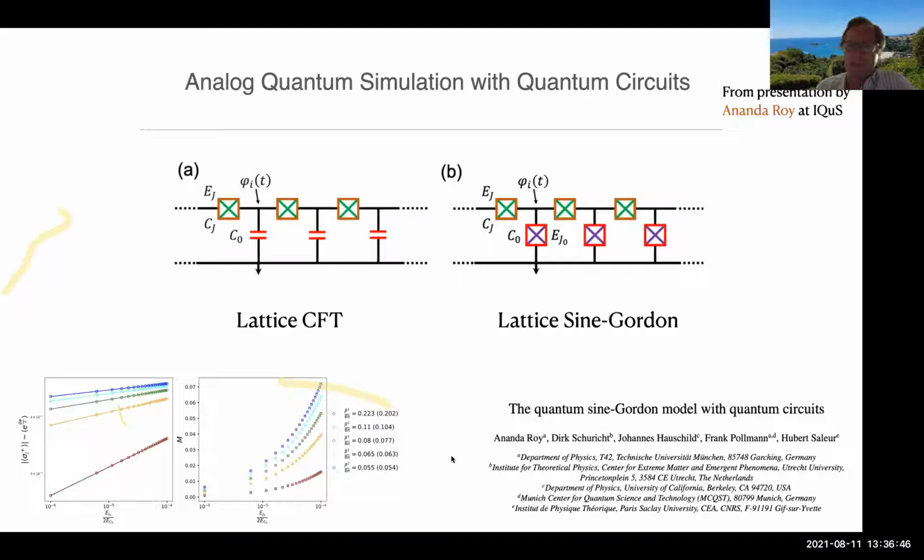This group, Ananda Roy and collaborators, looked at both these quantum circuit simulations of scalar conformal field theories and also of the lattice Sine-Gordon model. They performed a number of classical simulations to show that, in fact, one can do interesting physics with such devices. And so both of these are very interesting.